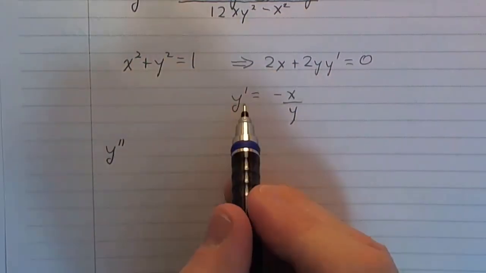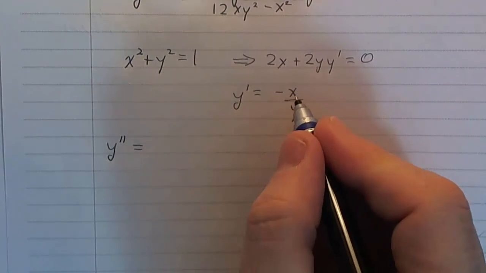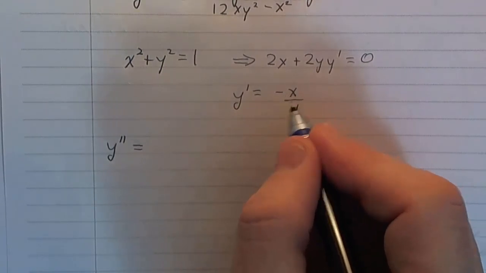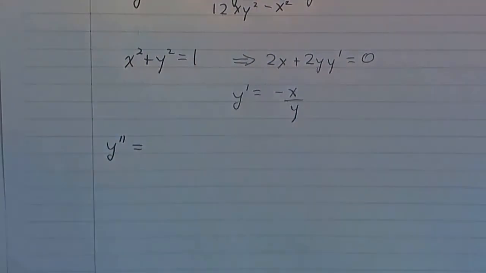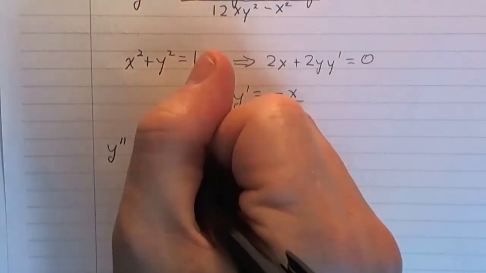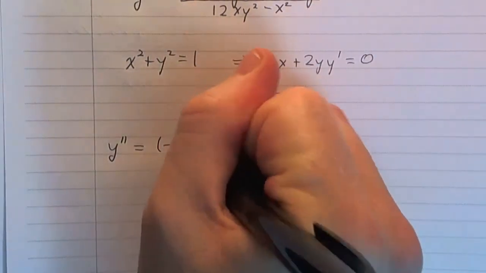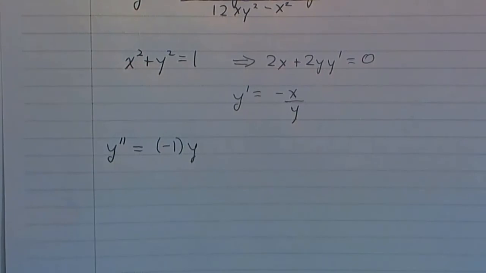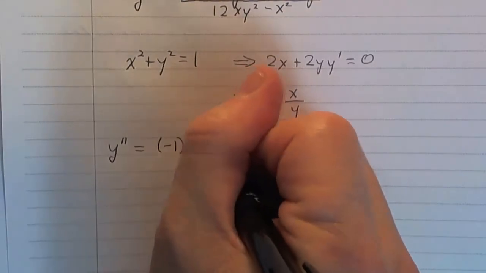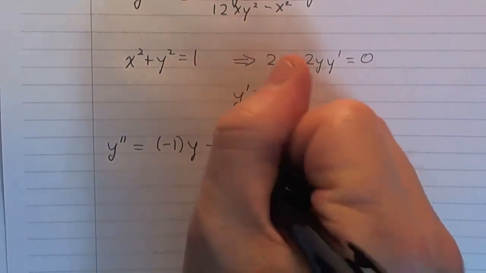So here I go. I've got y double prime. See, if I differentiate y prime, I get y double prime equals, now over here, I'm going to use the quotient rule. So here I go. I've got the derivative of the top, which is negative 1, times the bottom, minus the derivative of the bottom times the top.